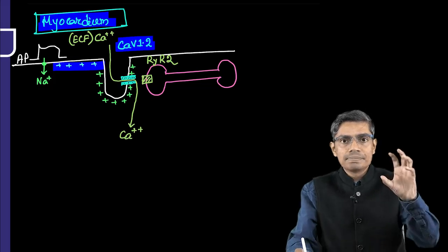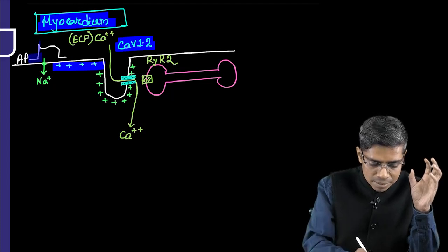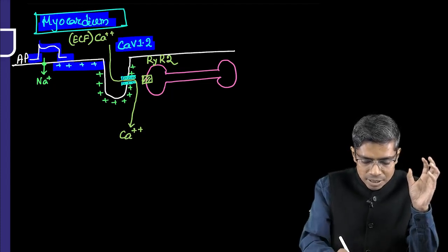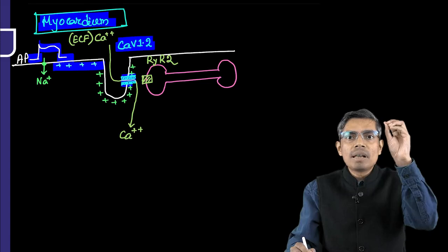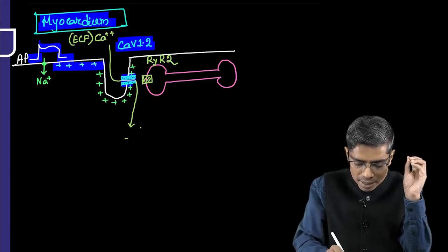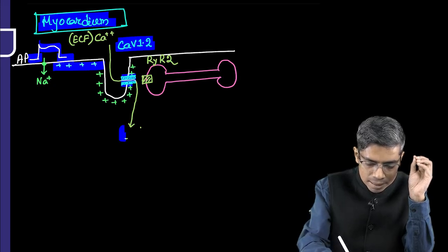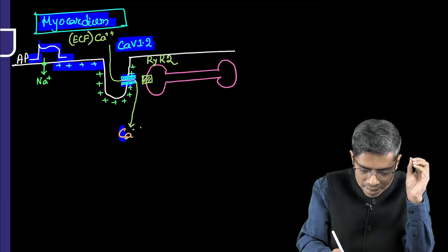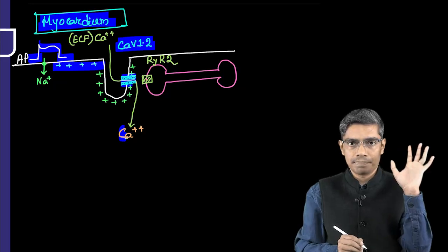So myocardium, whenever it is activated by action potential, there is activation of the DHPR channel. DHPR channel activation means a small amount of calcium is going to enter the cytoplasm, and this calcium is coming from the extracellular fluid.